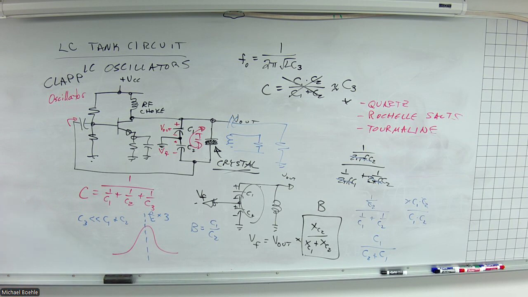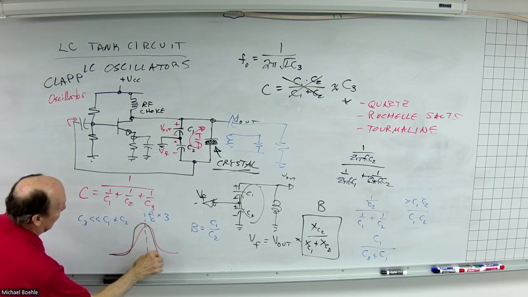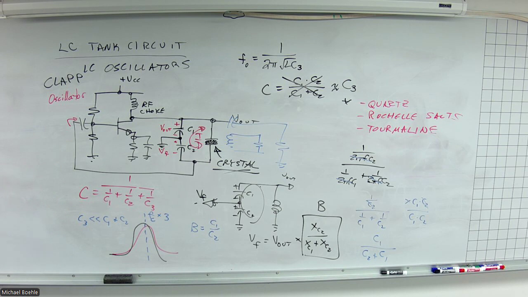That's the whole idea of a multiplier circuit. If you don't get the center frequency, you get 3 times the input frequency, as long as it is within that range. But wouldn't you be using components that have temperature drift? Well, yeah, and if this drifts a little bit like that, don't care. Still getting 3 times that crystal frequency.